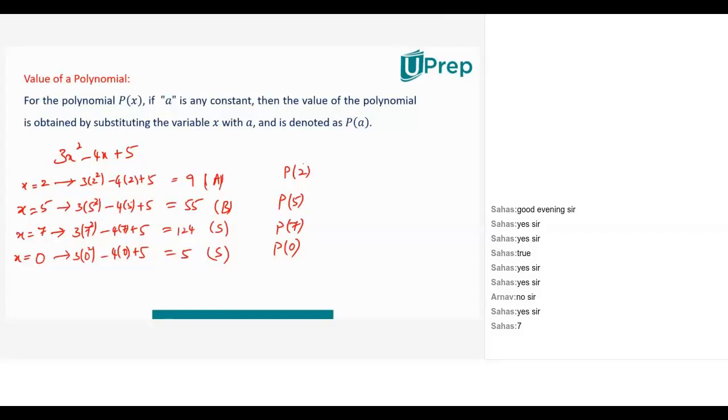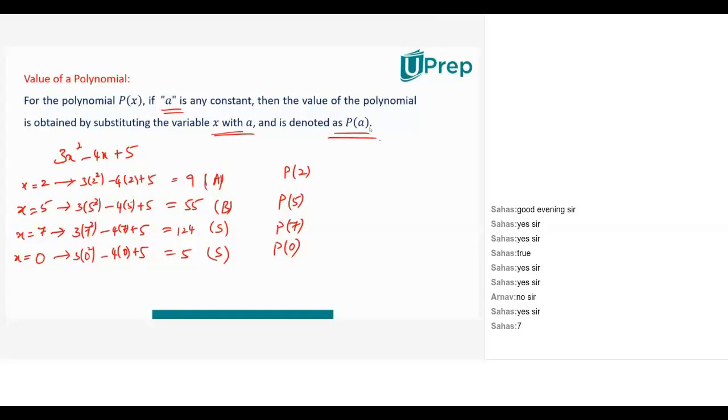Okay. So when I put some constant a in place of the variable x, substituting the value of x with a, whatever I get, that output is called the value of the polynomial. And how do we denote it? Polynomial at 2, polynomial at 5.